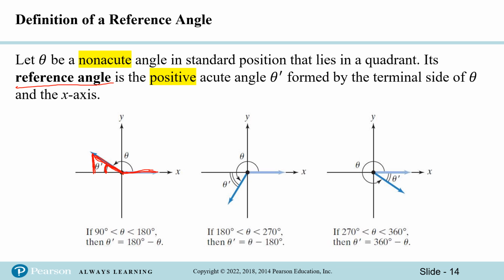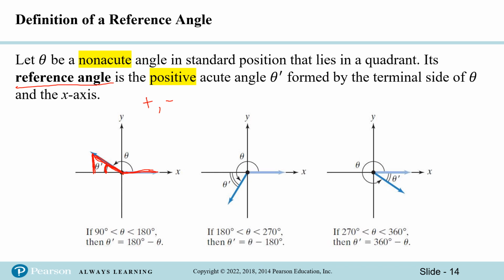It turns out that reference angles will have the same sine, cosine, tangent, etc. as the angle that we're looking for, with a possible exception of whether it's positive or negative. Okay, so you just have to take into account the quadrant.